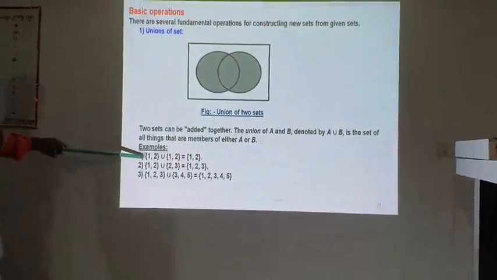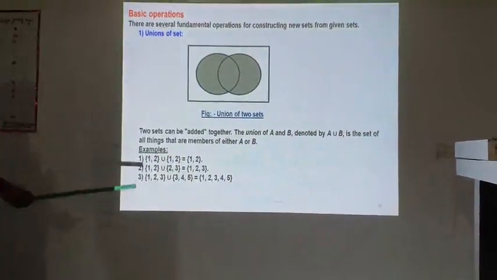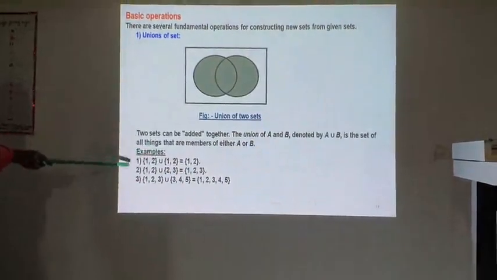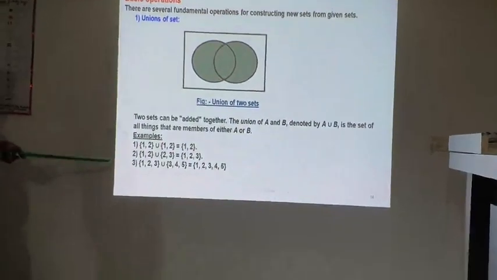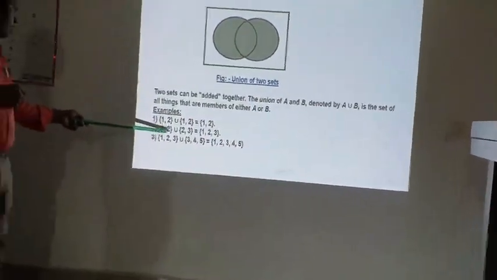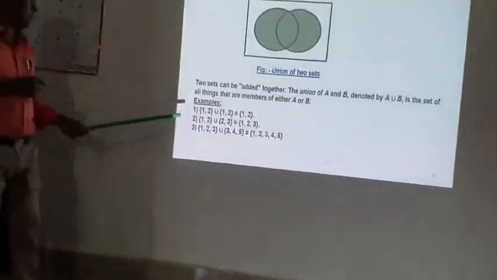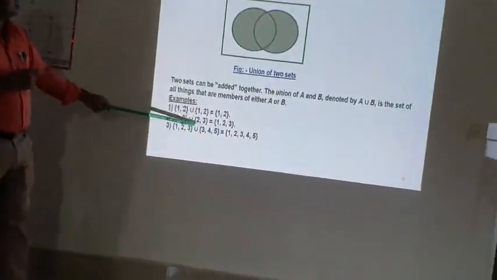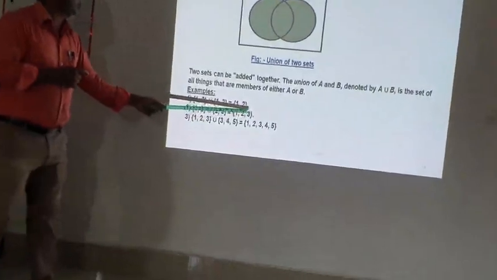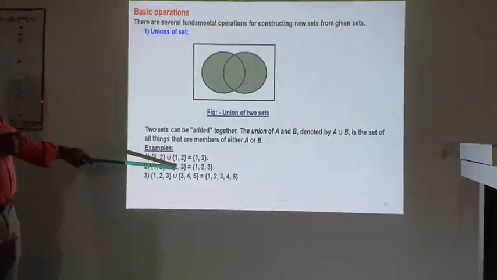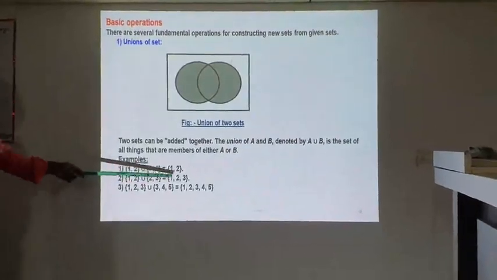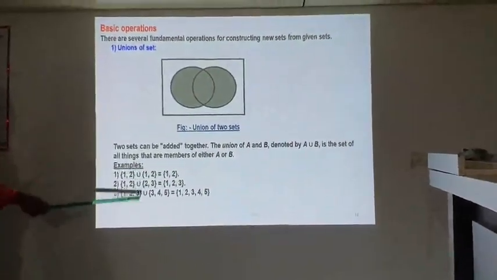One set has elements 1, 2, another set has elements 1, 2, then the union of the two sets is also 1, 2. Another example, one set has elements 1, 2, another set has elements 2, 3, then the union of these two sets is 1, 2, 3. It means we can write all elements of these two sets without repeating any element.